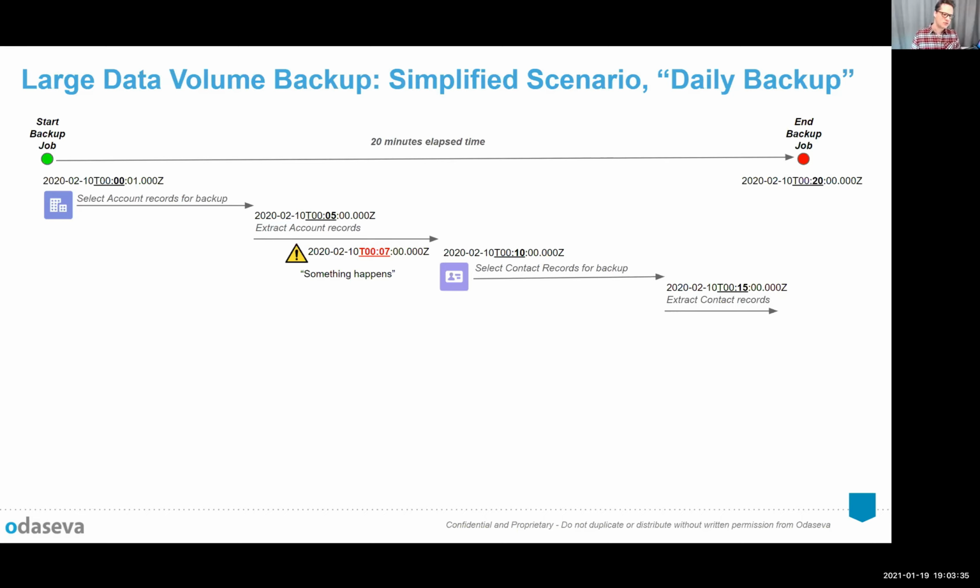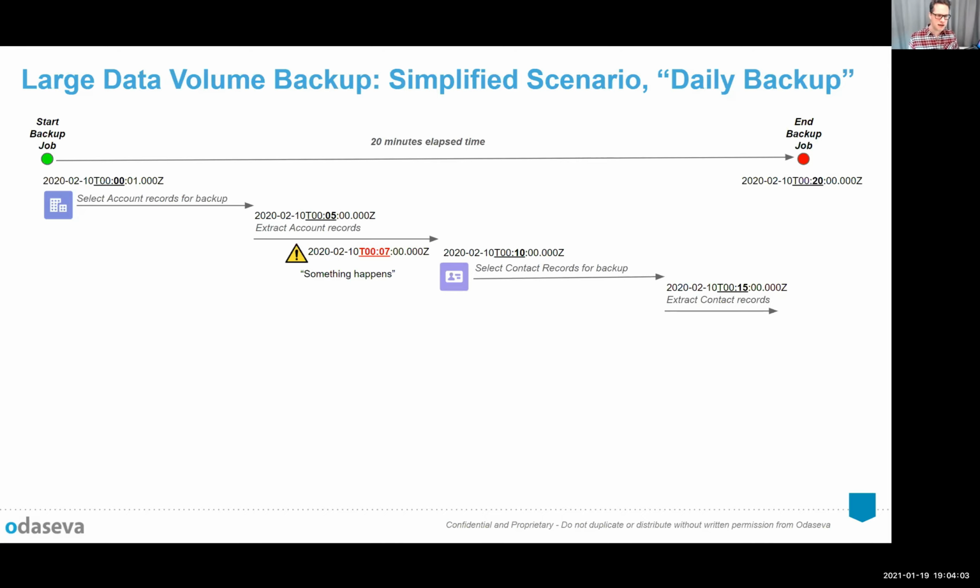So we've got a timeline here, and we're going to run a simple backup of our accounts and contacts. This is going to start at midnight on the 10th of February. That's the first date stamp on the left of our timeline. Now, those of you that have used something like Data Loader to extract data from Salesforce will be familiar with what I'm about to talk about.